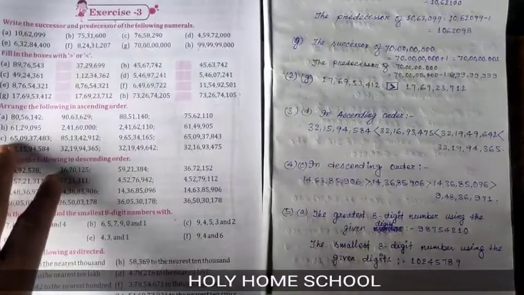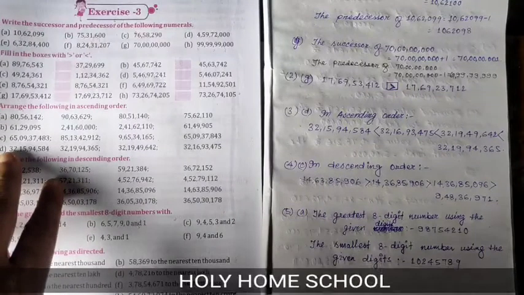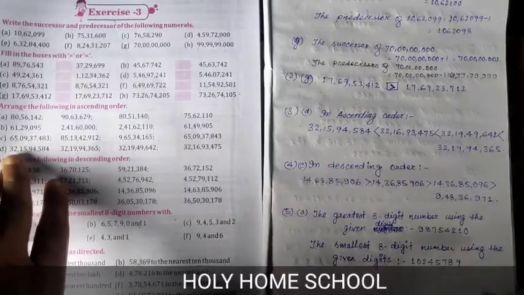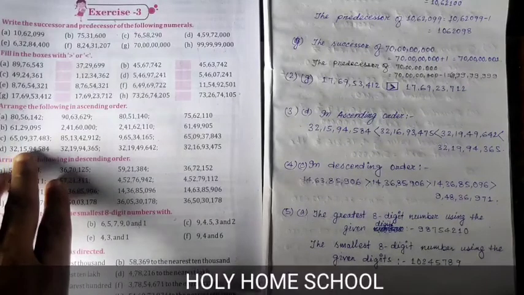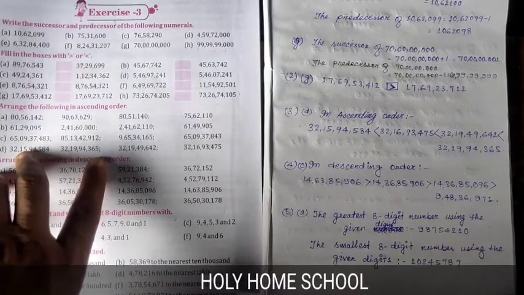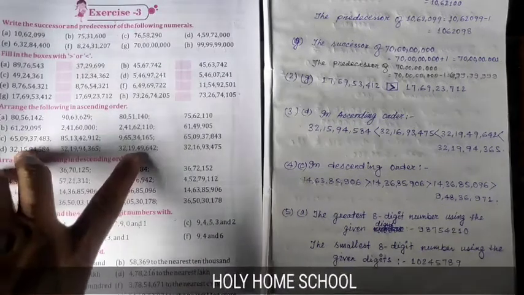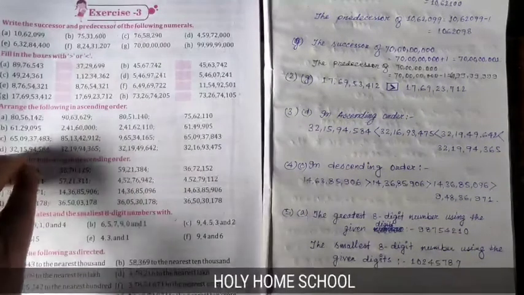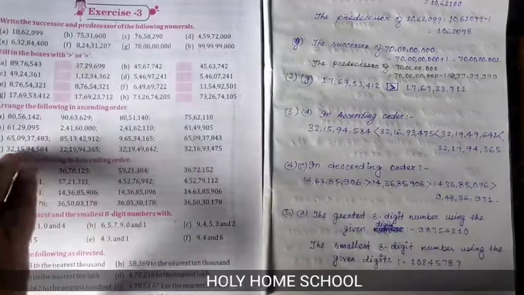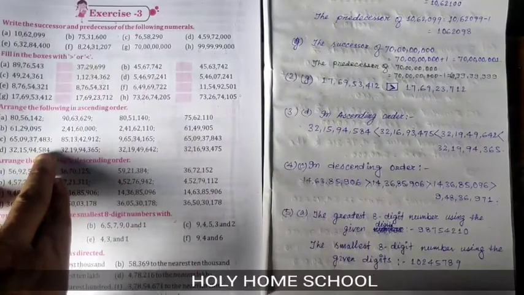See one example for you, that is D of 3. If you observe properly, you will get that this number is the smallest of all the given numbers, because 15, 19, 19, 16 at the last place. 32 crore 15 lakh 94,584.